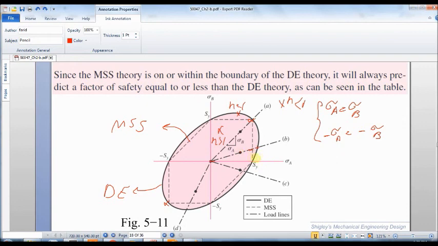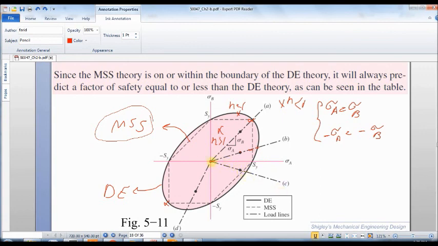That means, as I mentioned at the beginning of this problem, MSS is more conservative compared to distortion energy theory, because it predicts failure first. Let's say here the load was 0, then I increase it to 40, then again to 50. At 50 Newton, MSS predicts failure, and maybe when I increase to 60, distortion energy predicts the failure. That's why MSS is more conservative.